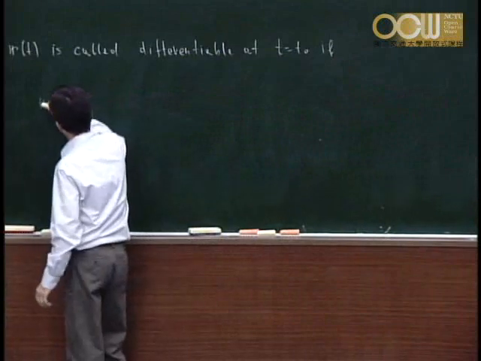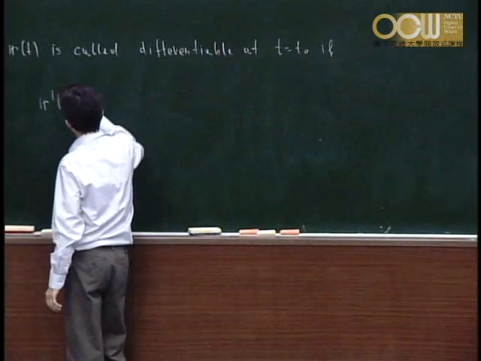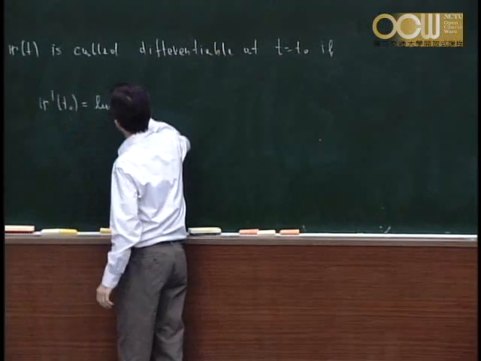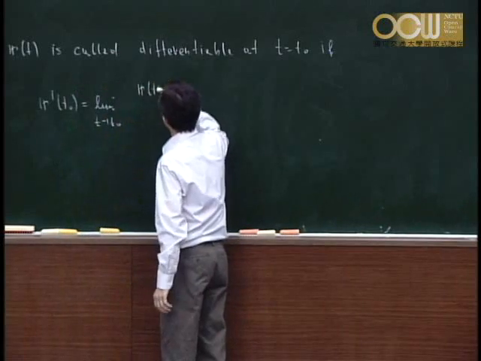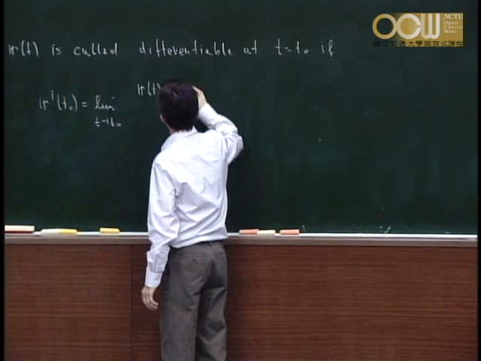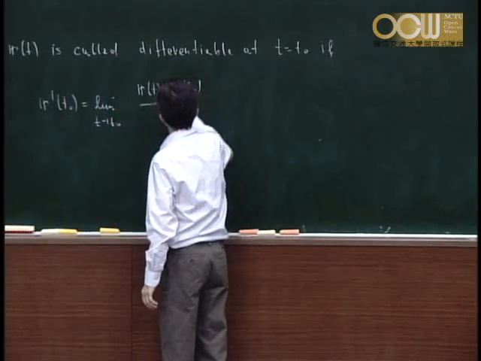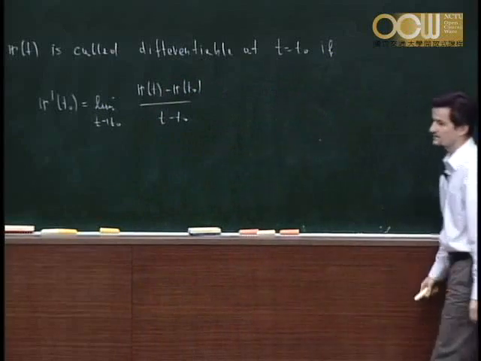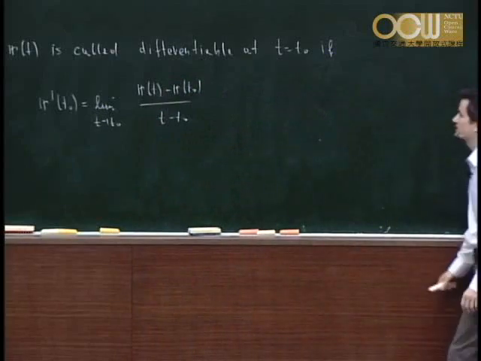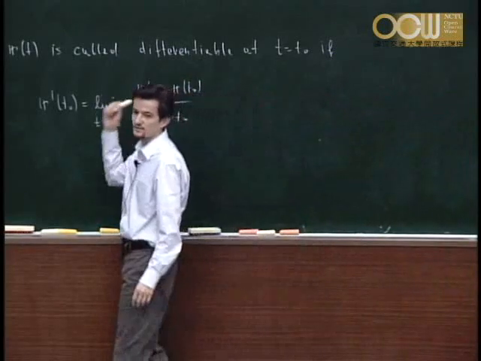We look at this number here, which is the limit as t tends to t0 of r of t minus r of t0 over t minus t0. If this limit exists, then we will say that the vector function is differentiable at a point.